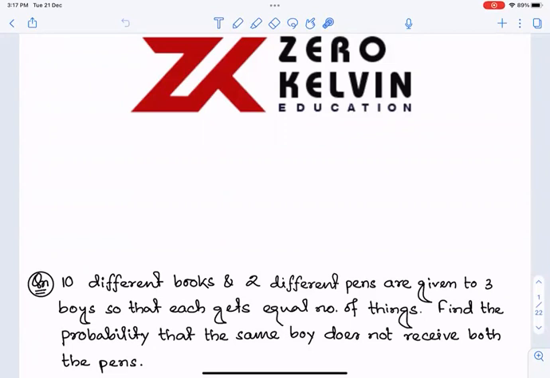First is the probability of the given condition, that if we distribute these 12 distinct elements among 3 boys, each of them will receive an equal number of elements, and within that, whatever part favors that both pens are not given to the same boy, that will be our favorable condition. So as such, we have two different approaches.